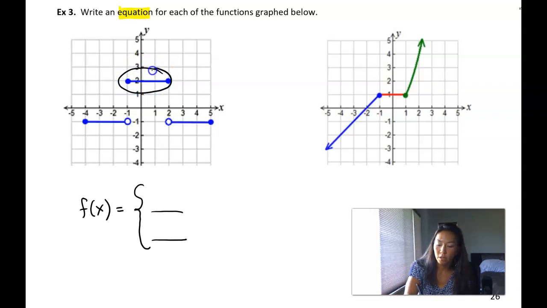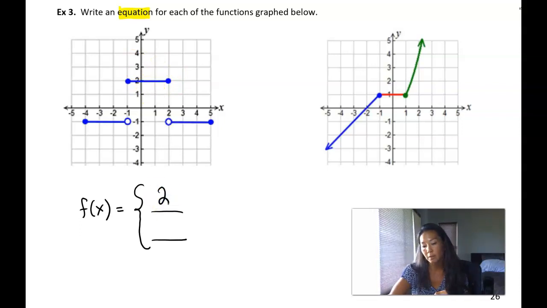So this one here is a horizontal line, and it has an output of 2. So that's my first piece. And then it's only going to be for the interval from negative 1 to 2. That is how you want to graph that part of my graph.